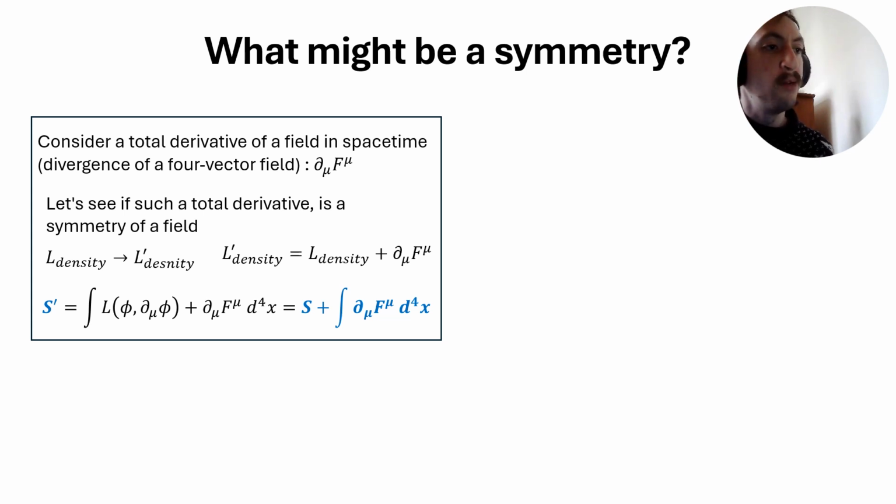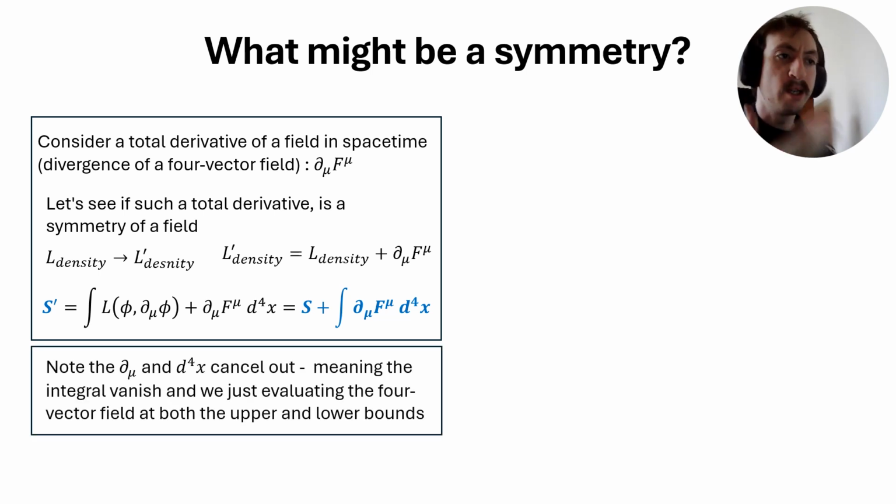Well, if space-time is one dimension, let's say the x spatial dimension, then the bit in blue that we're adding to our old action S to get our new action S prime would be just the integral of dF by dx times dx. And the derivative by dx and the integral by dx cancel each other out, meaning that we're left with evaluating our function F at the lower and upper limits.